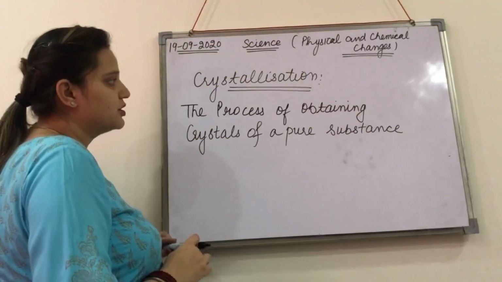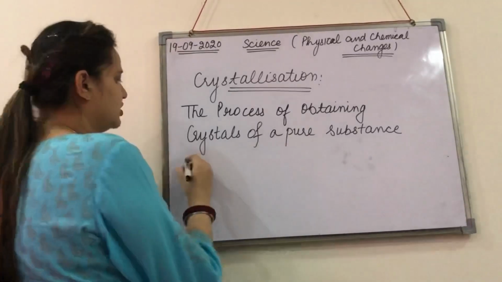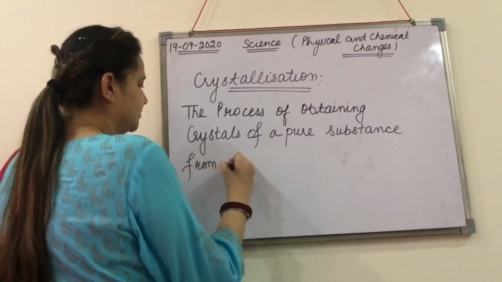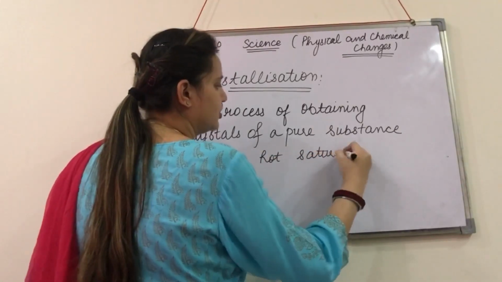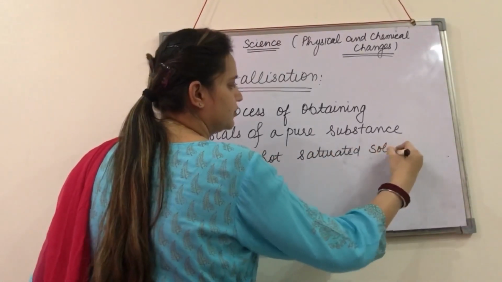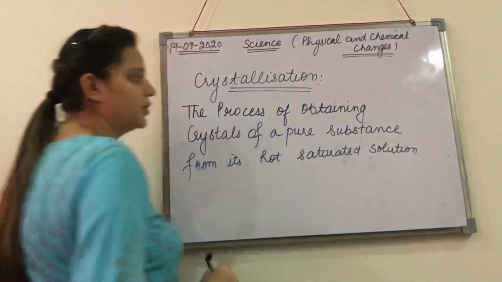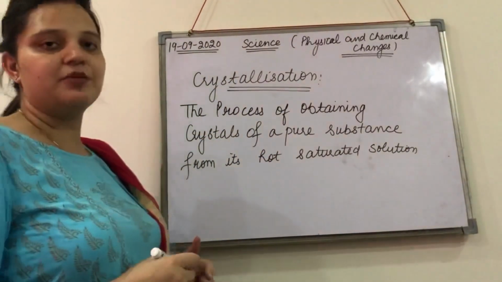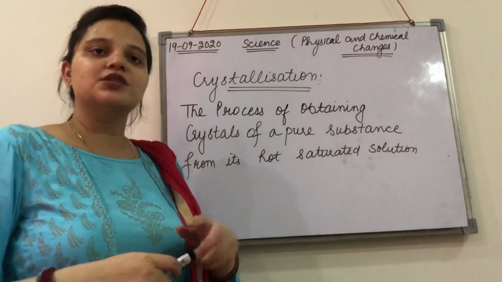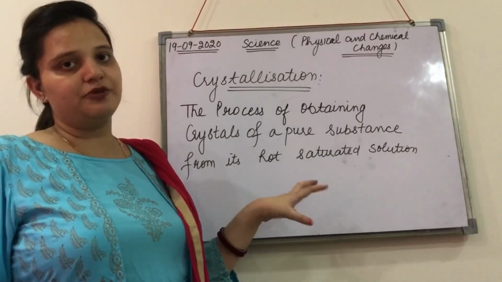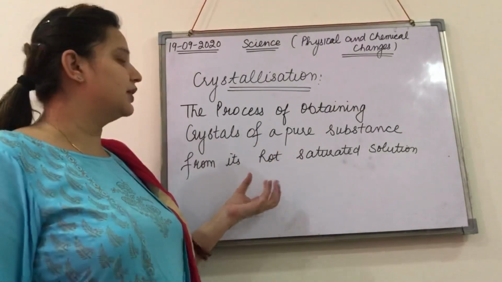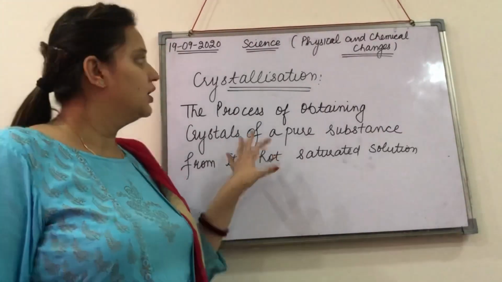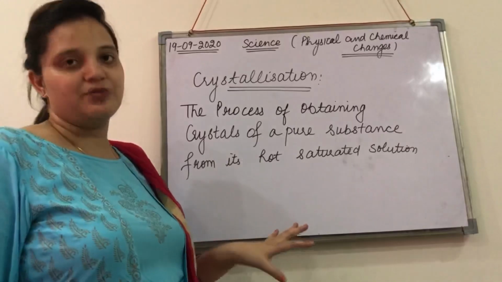So the process of obtaining crystals of a pure substance from its hot saturated solution. Saturated solution means we will be forming the saturated solution of the powdered form of that substance, and then from that we will be getting the crystals. So this is about the crystallization method.